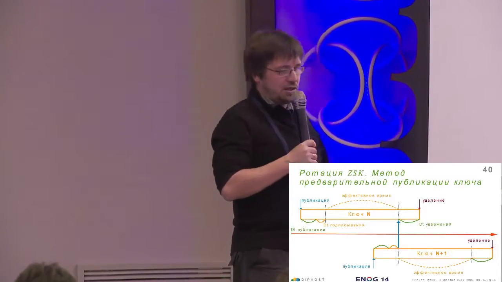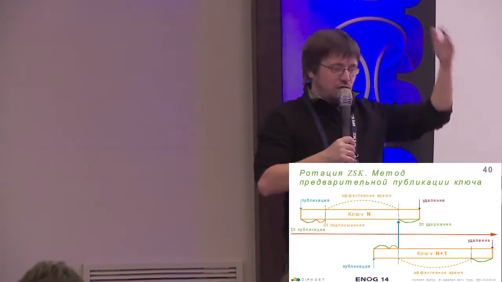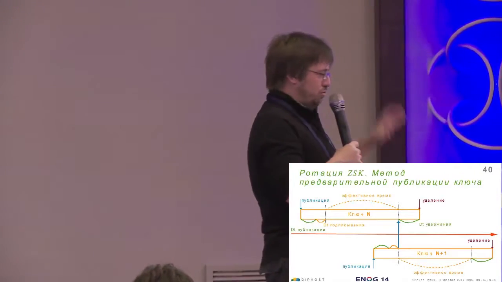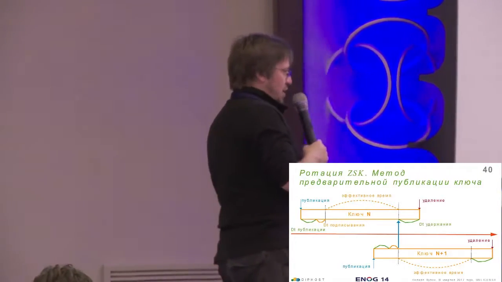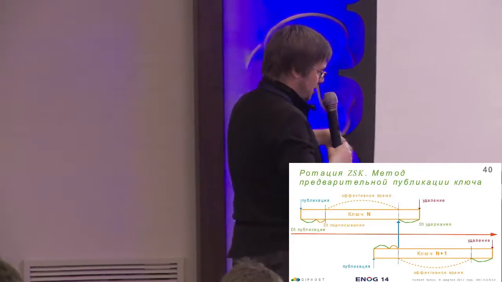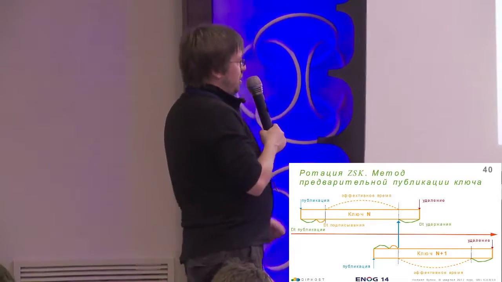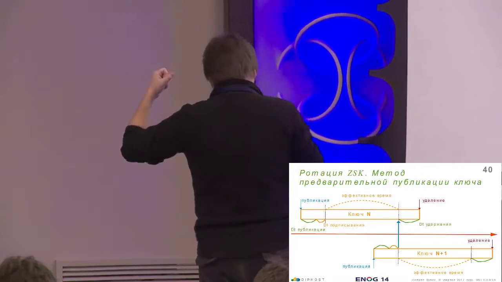There is the double key method, when you put in a new key and sign everything with both keys. Your zone will be extensive and your replies will be very extensive, since they will have two signatures, and no one needs this. Since you fully control the zone signing key, you can do everything with it.